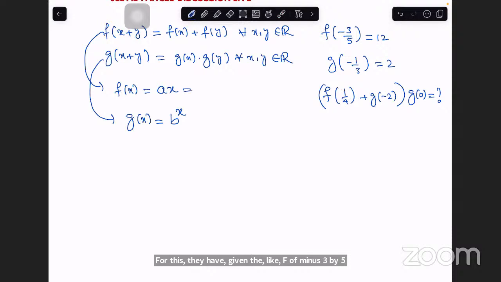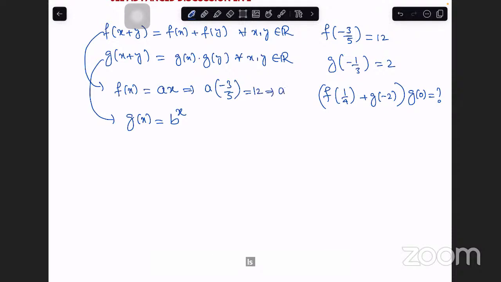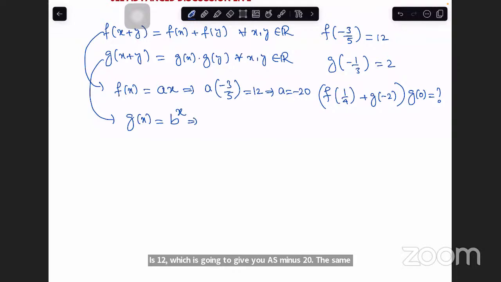So if I impose f of minus 3 by 5, that means a times minus 3 by 5 is 12, which is going to give you a as minus 20. In the same way, g of minus 1 by 3, that means b power minus 1 by 3 is 2.